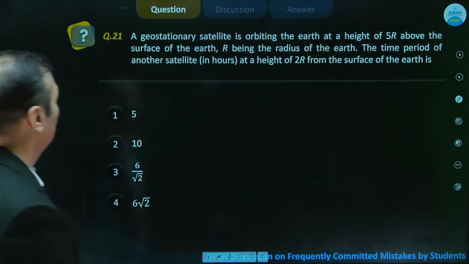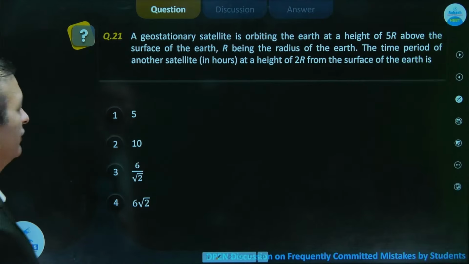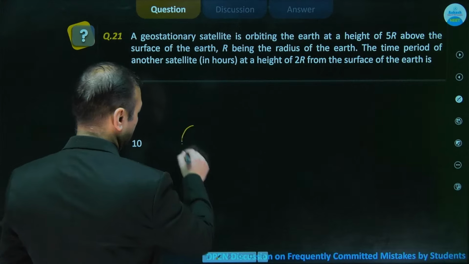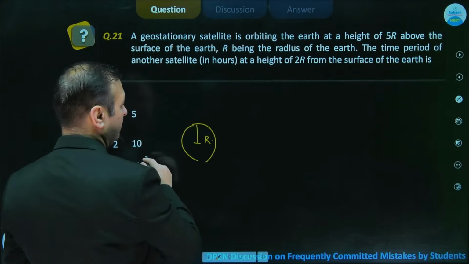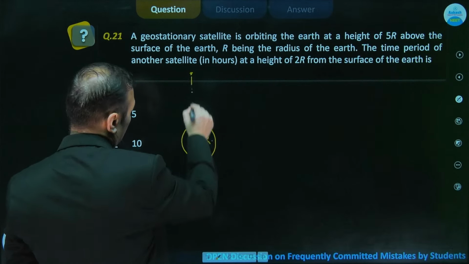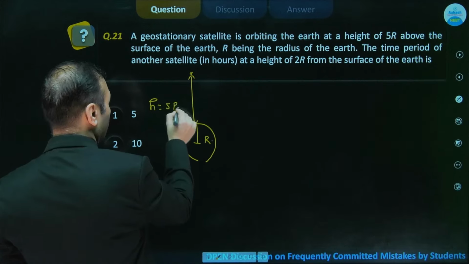Good. Moving to next. A geostationary satellite is orbiting the Earth at a height of 5r from the surface of Earth. So this is the Earth having radius r, and at this point the height is 5r.